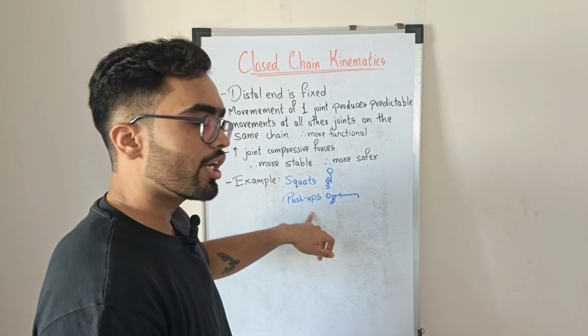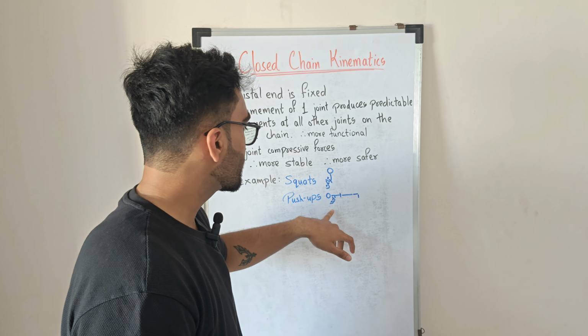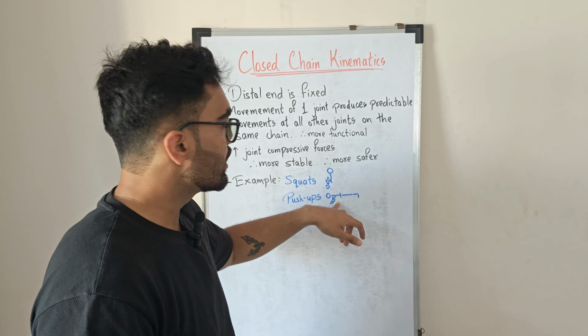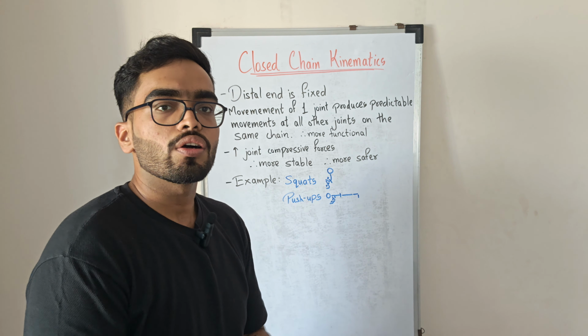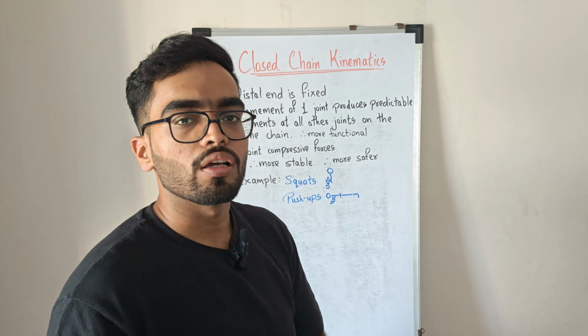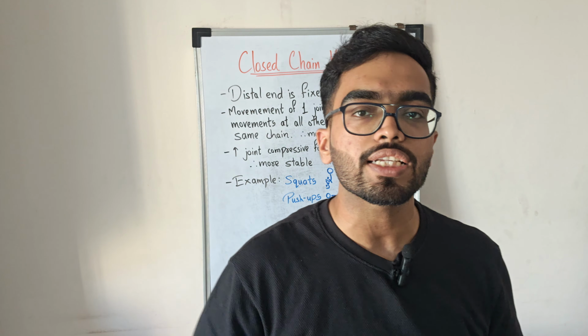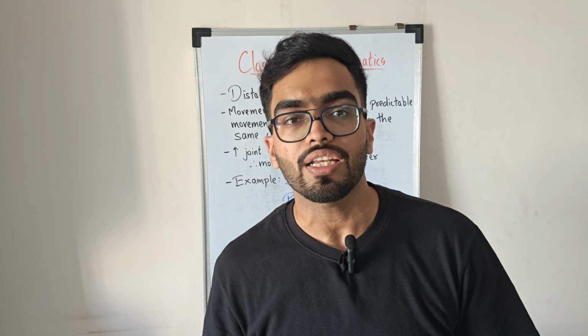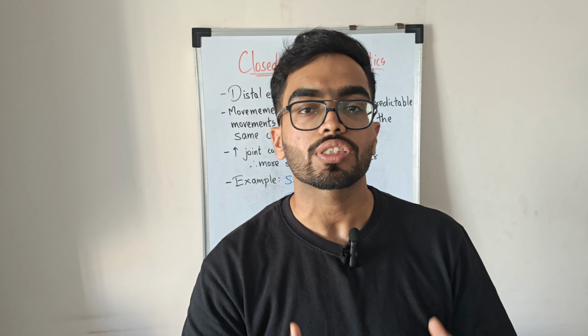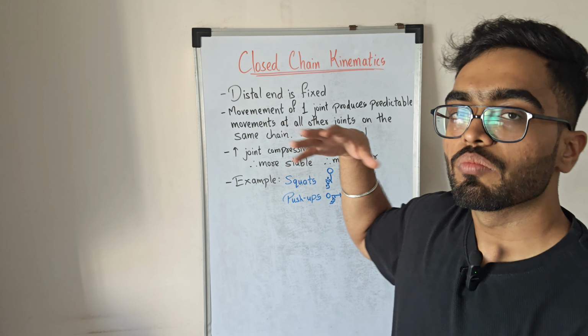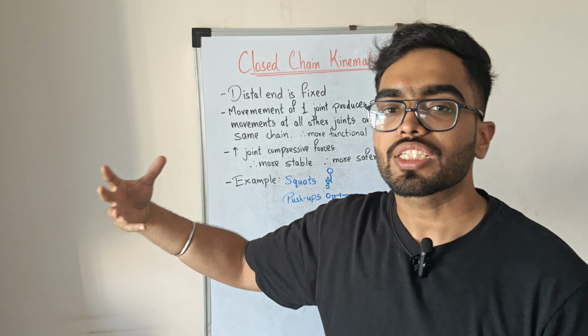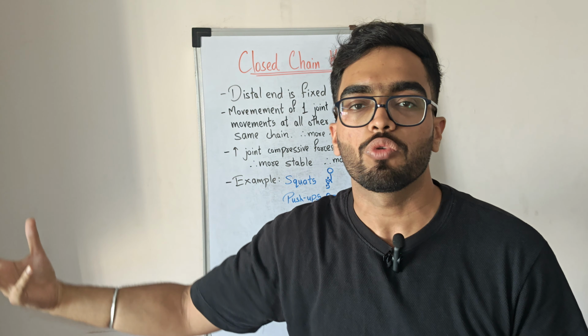Similarly, while doing push-up, there is extension of your wrist joint, there is flexion of your elbow joint, there is extension at your shoulder joint. Okay, so there is a predictable movement of the other joints in the same kinematic chain while performing a closed chain kinematic movement. Okay, and it is considered more safer and more functional than your open kinematic chain movements.